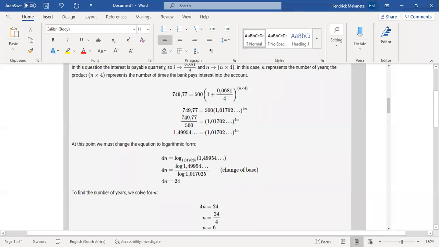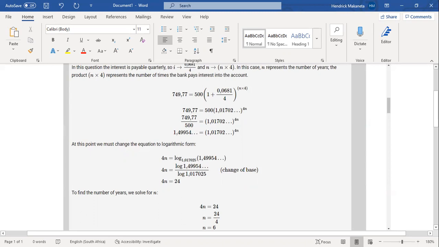So the correct formula in this case is very important. You need to use the right formula to find your value there. Once you identify the right formula, in this case, the keyword is compound. We know that our interest is compounded quarterly, and that is why we have used it to find the number of years.